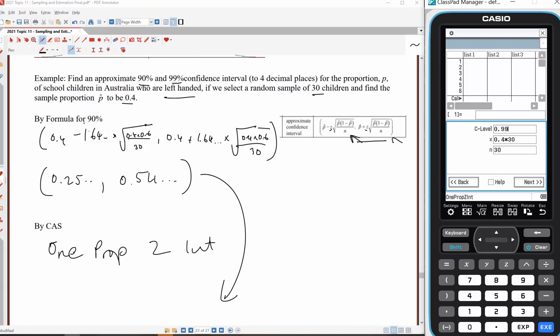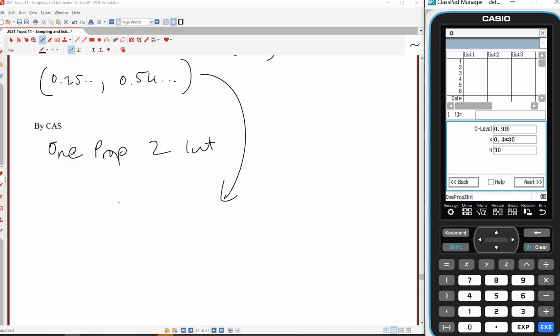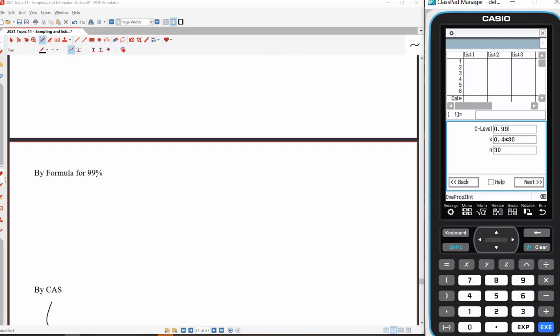Because if you want to increase the confidence, that is, if you want to get a better approximation of P, then you've got to increase the sample size, or if you want to get this higher, like a 99% confidence, it will respond by actually giving you a larger interval to be sure that you're going to capture it in 99%.